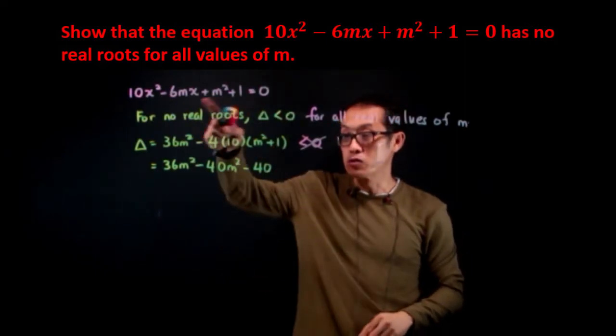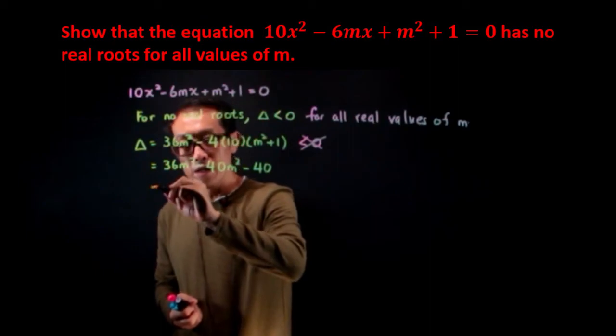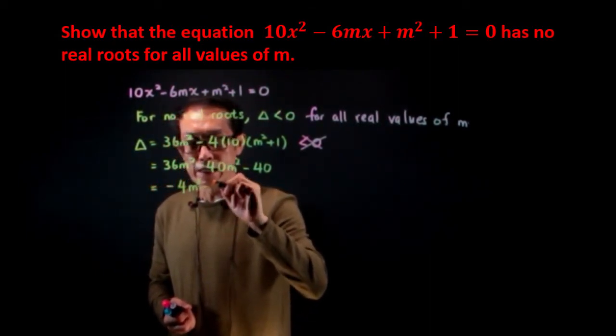Now, we expand it out, you get this. Let's simplify. Then you get minus 4m squared minus 40.